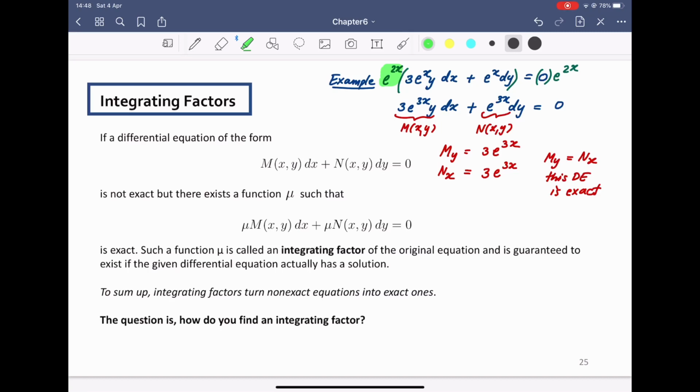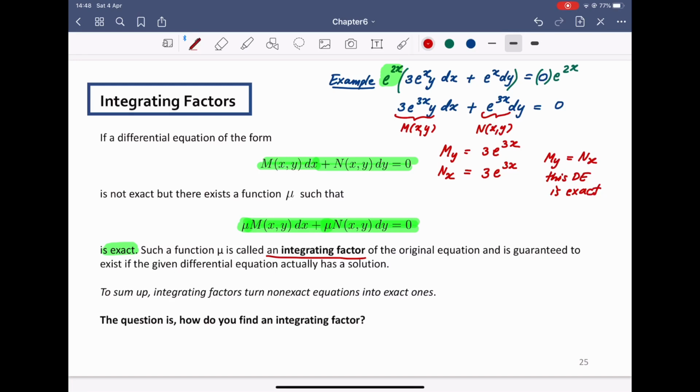If you start from a differential equation M dx + N dy = 0, and you can find a function mu such that when you multiply mu to this differential equation it transforms it into an exact differential equation, then such a function mu is called an integrating factor.